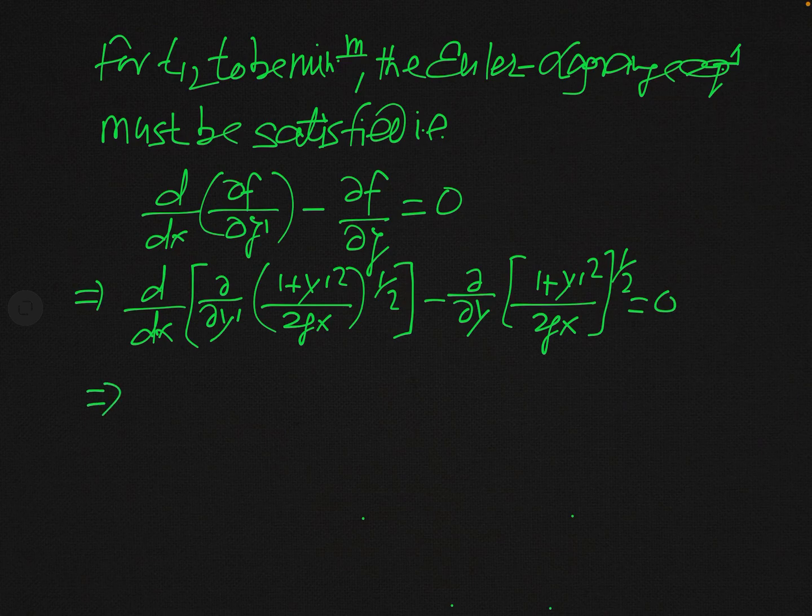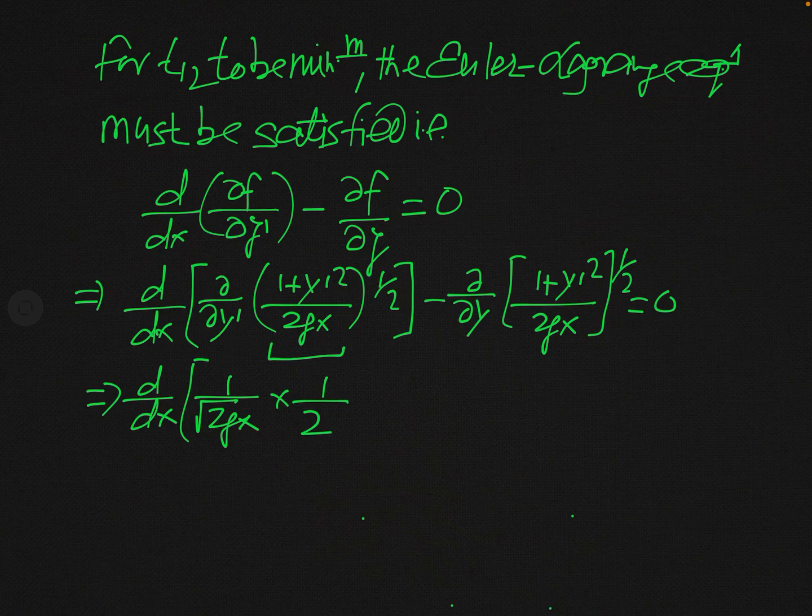Now let us simplify this equation. See here, this is d dx, and now we will differentiate this function partially with respect to y prime. As you are differentiating it partially with respect to y prime, x will be treated as constant, and so this will be simply 1 over root over 2gx, this is a constant factor, and differential coefficient of (1 plus y prime square) whole to the power half will be what?